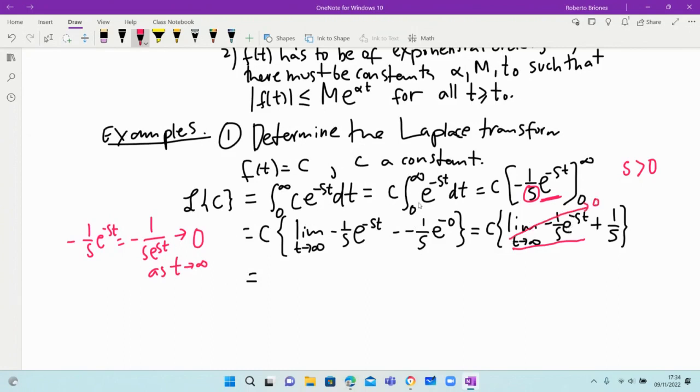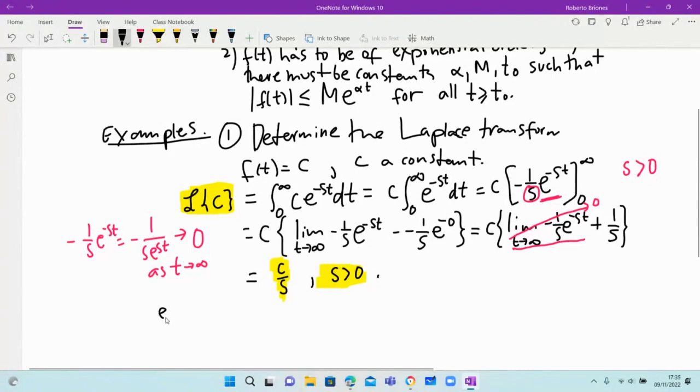And the answer that we get in the end is simply c over s, on condition that, again, s is positive. So the Laplace transform of the constant function f of t equals c is equal to c over s as long as s is positive.